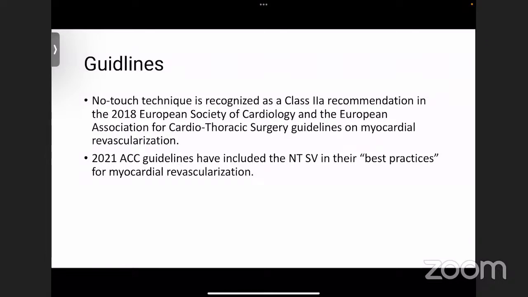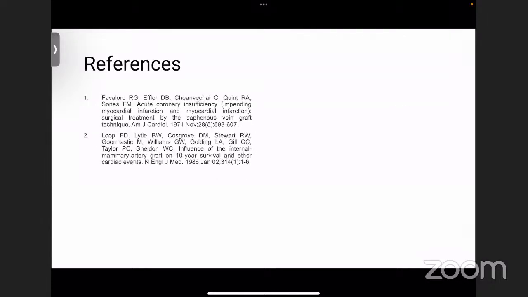But as far as it goes now, it seems like the vein graft has a lot of room to improve, and could reach a point where we don't need to be invasive with these arteries and can stick to something simpler, easier to use, that gives us more length, that has been with us from the beginning. Maybe we should stick to the saphenous and the LIMA, and forget about the radial. So that's the end of my presentation.